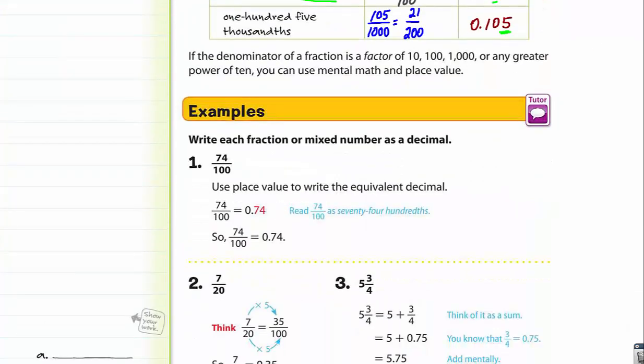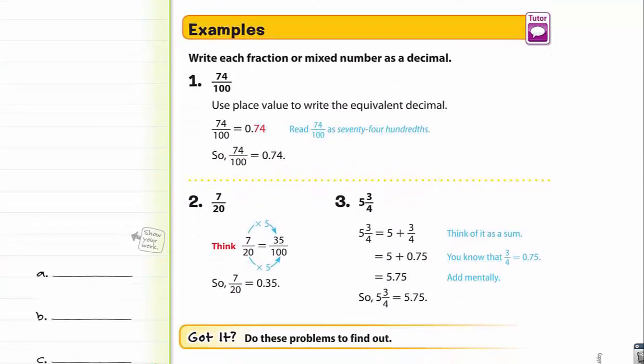All right, so they give you some examples, and you can pause the video and read through those examples. Here they show 74 over 100, 74 hundredths. You could simplify that. Let's just do that for practice. 74 over 100. Well, they're both even numbers.